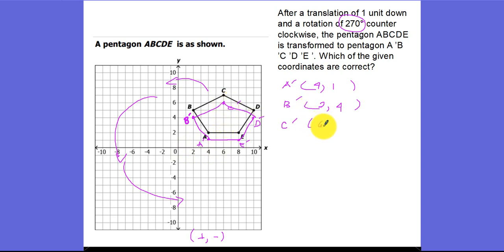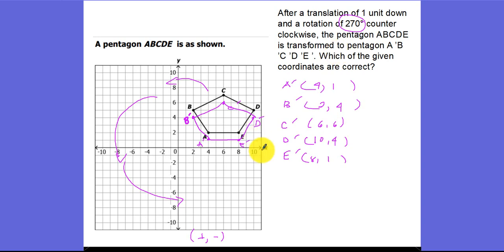So that's 6, 6. D prime, so 1, 2, 3, 4, 5, 6, 7, 8, 9, 10. 1, 2, 3, 4. That's 10, 4. And finally, my E is 1, 2, 3, 4, 5, 6, 7, 8. 1 up.